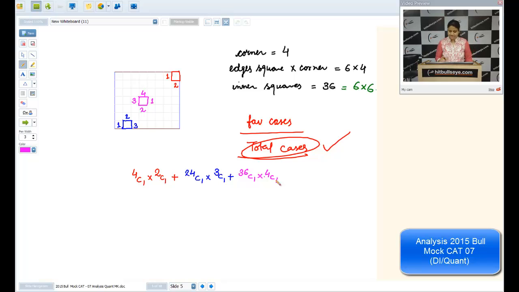That is the complete numerator, but one thing is missing here. What is that? See, whenever you are choosing this edge square, you are taking this as a combination. But when you were choosing this corner square, you were taking the same combination. It means you are counting every case twice. That's why to nullify this, I'm dividing the numerator part by 2.